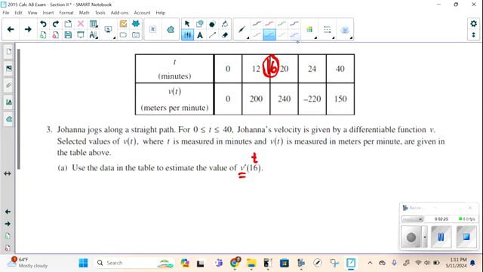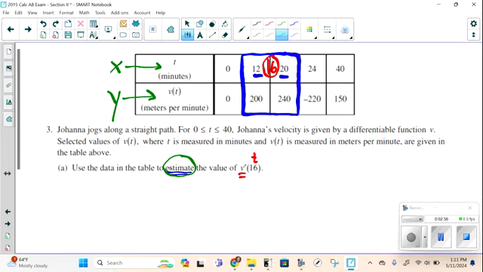So that's why they tell us to estimate, because we can't find it exactly. So I'm going to take the two closest coordinates, where time is 12 and time is 20, and do an average rate of change. That's a change in y, my velocity, over a change in x, my x being time. That's all I can do to estimate, and that's all I have to do.